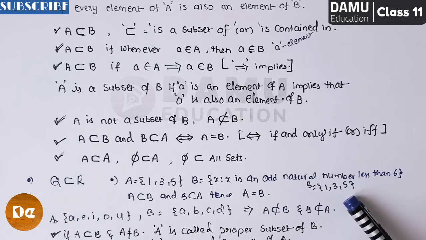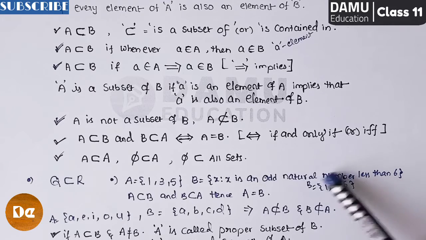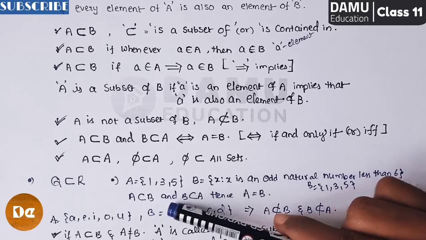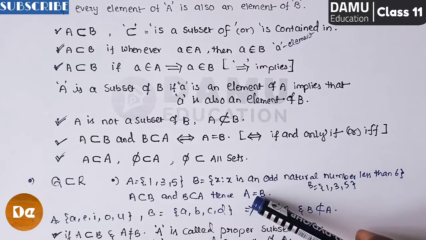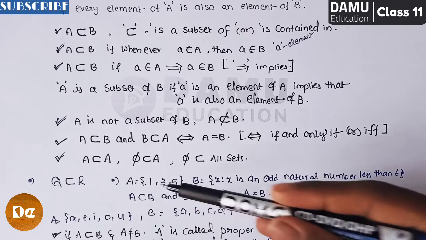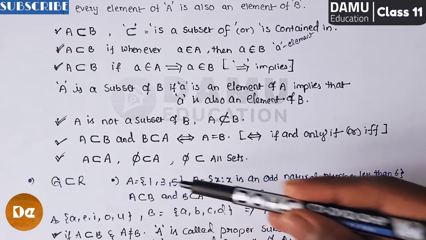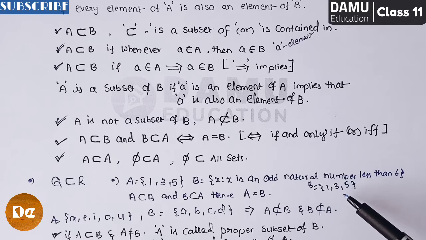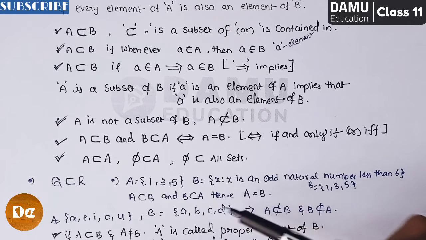This is the roster form and this is the set builder form. So A subset B and B subset A, hence A is equal to B. They are telling that. Here you can see A will have elements 1, 3, 5 and B will have elements 1, 3, 5. So hence you can say A subset B and B subset A.